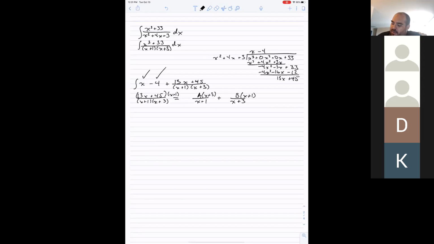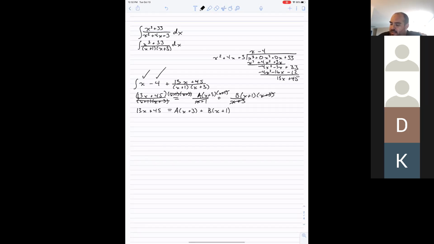So I'm going to multiply both sides by x plus 1, x plus 3. And what that allows me to do is, all right, all these denominators go away. This cancels, this cancels. So I'm left with 13x plus 45 equals a times x plus 3 plus b times x plus 1.